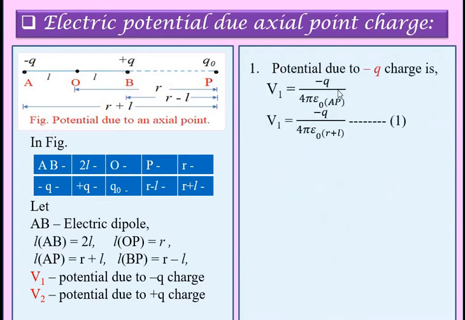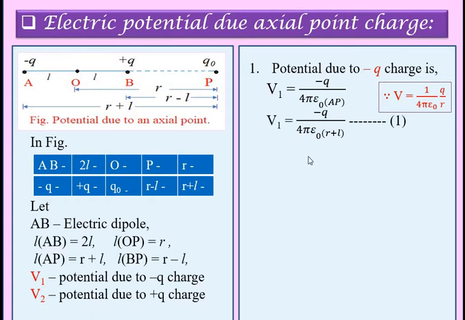The electric potential due to minus Q charge is given by the relation V1 equal to minus Q divided by 4 pi epsilon 0 into AP, because here minus Q charge is at a distance AP from the charge Q0, and the value of AP is equal to R plus L. We have calculated the expression for the electric potential at a distance R from charge Q: V is equal to 1 upon 4 pi epsilon 0 into Q divided by R.